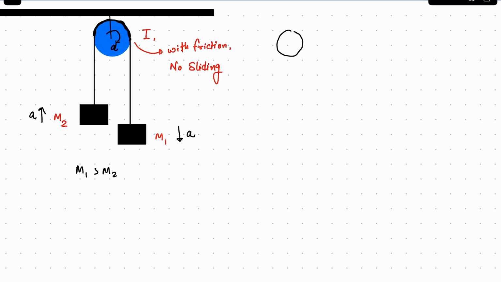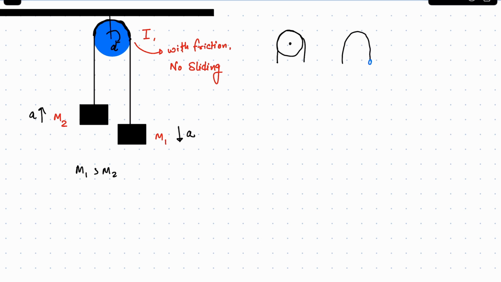Here we have this pulley, and the rope is not sliding over it. Now look at the points of the rope. First let's take the rope separately. Each point of the rope has a tangential acceleration, isn't it? Why?